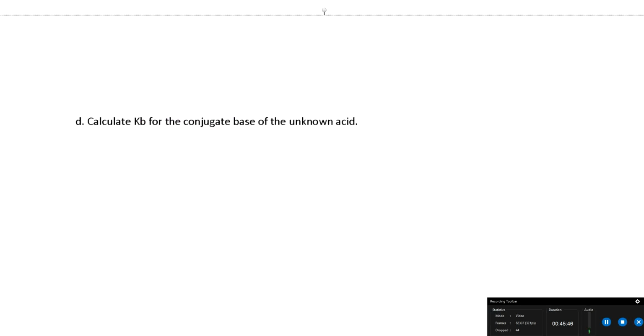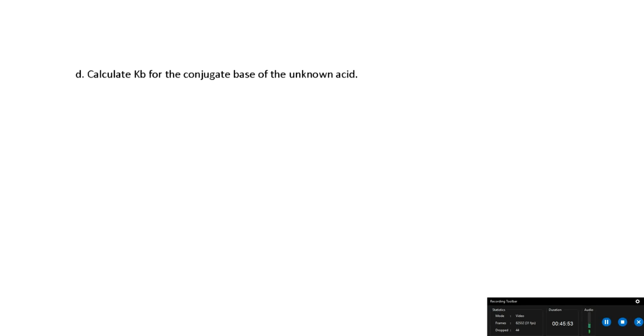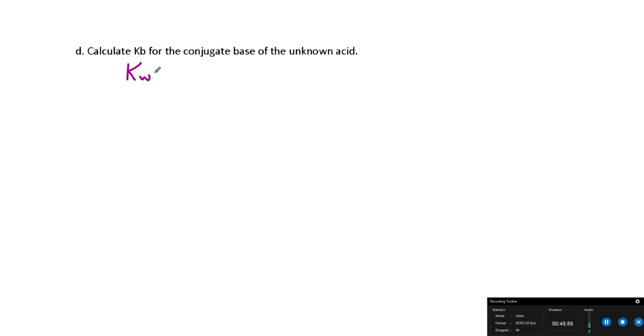Okay, and finally, calculate Kb for the conjugate base. So this is where we use Kw is Ka times Kb. Kw is always this value, assuming the temperature is room temperature. And our Ka value that we calculated earlier was this.